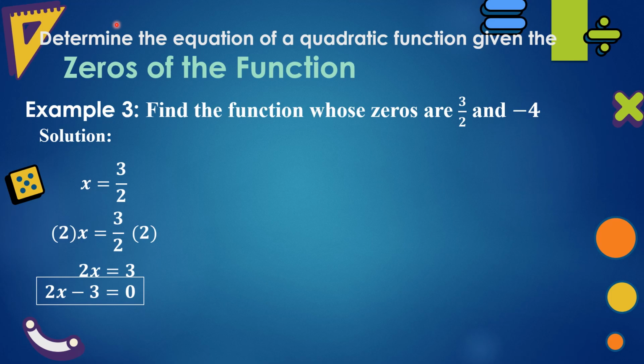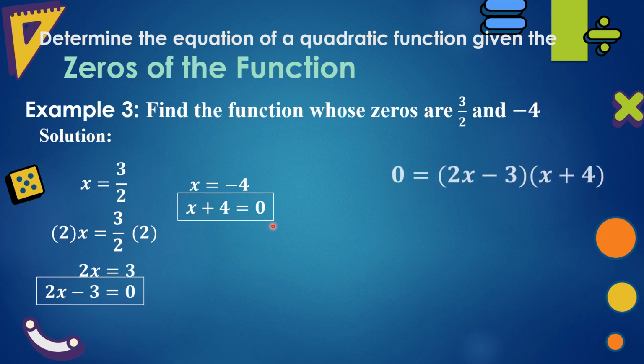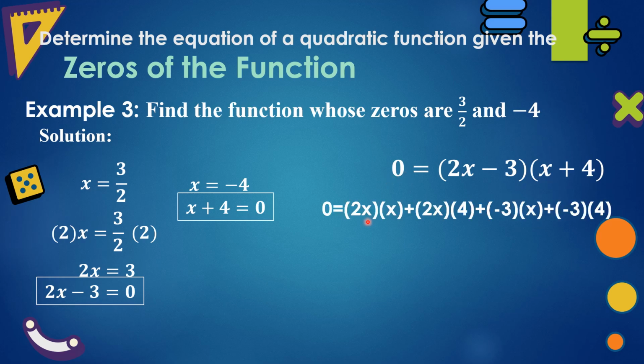X is equal to -4. Add 4 to both sides. X plus 4 is equal to -4 plus 4, or 0. Multiply the factors and equate it to y. 2x times x, 2x squared. 2x times 4, 8x.